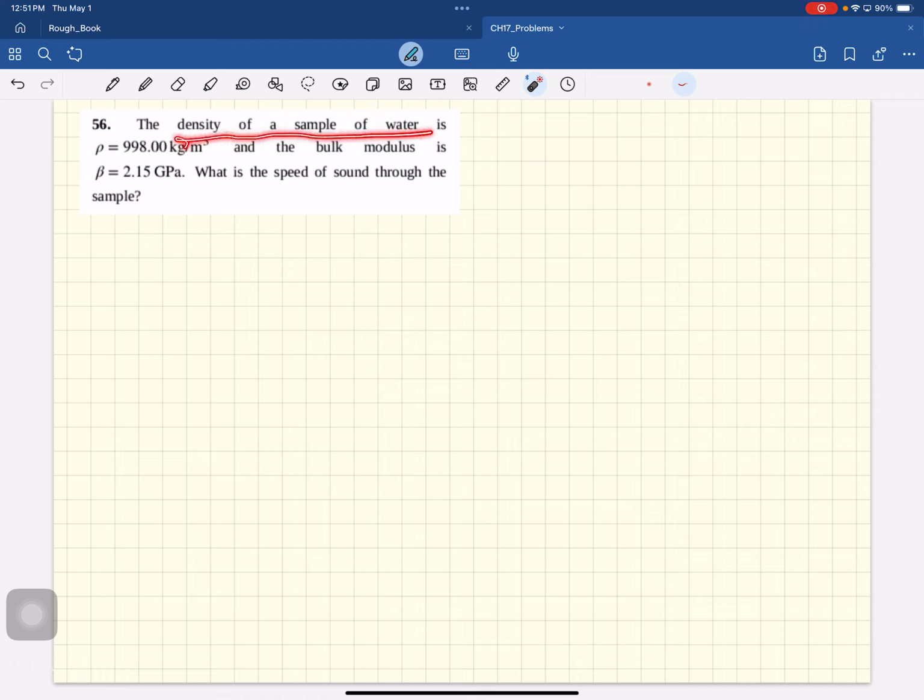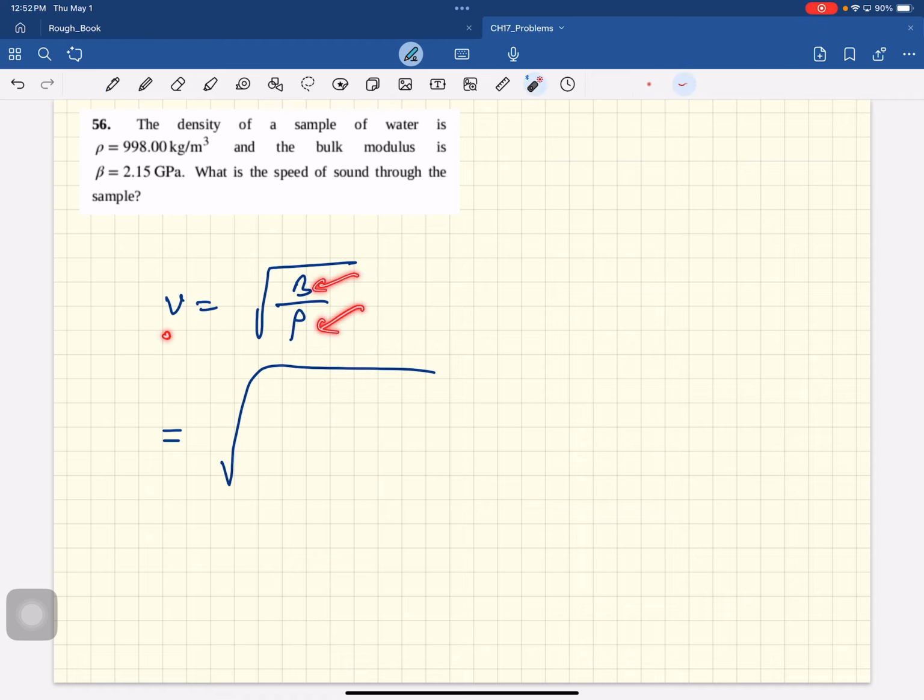The density of a sample of water is 998 kilograms per meter cube, and the bulk modulus is that. What is the speed of sound through this sample? If you look up the bulk modulus divided by density, the speed in a medium is the elastic property divided by the inertial property. And so 2.15 gigapascals, 10 to the 9. Anybody remember what a pascal is? What is it in basic units?